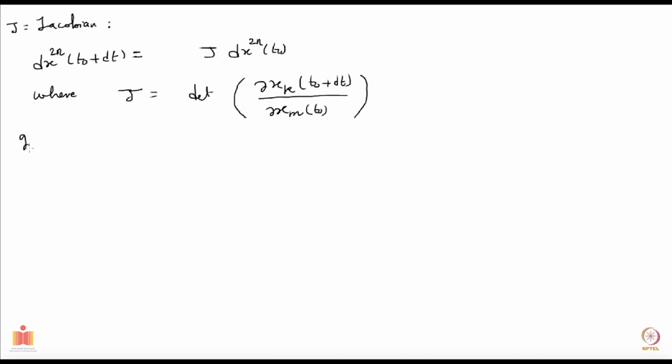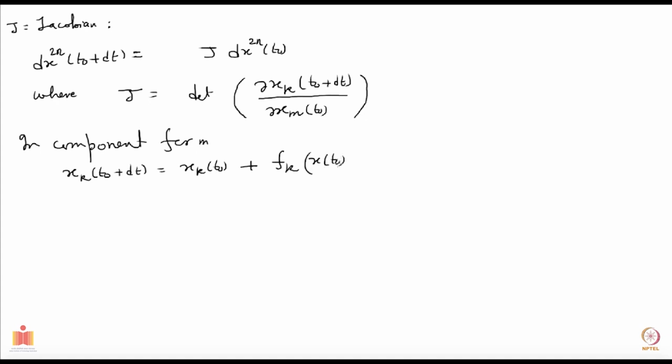So in component form, you have x_k(t0 + dt) is equal to x_k at t0 plus f_k(x at t0) dt, and you have higher order terms also, which anyway we are going to drop because we are looking at infinitesimal dt. I can drop it here itself, it's unnecessary to carry this.